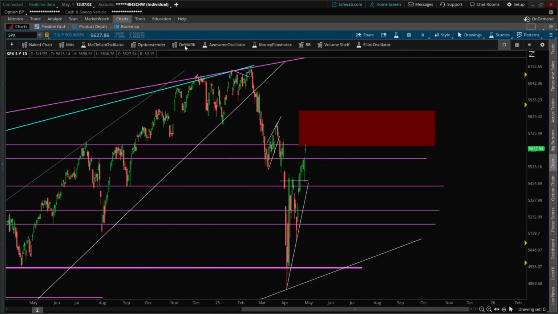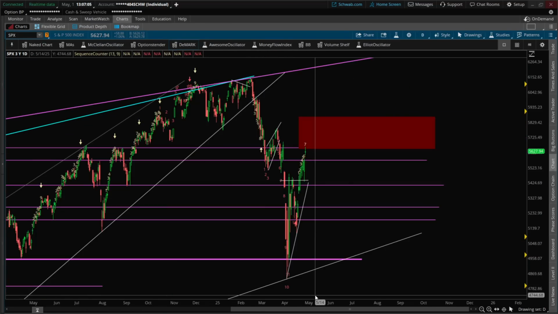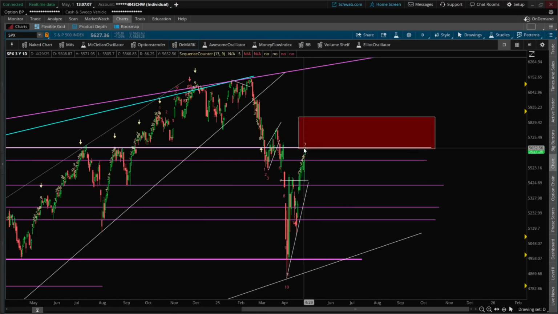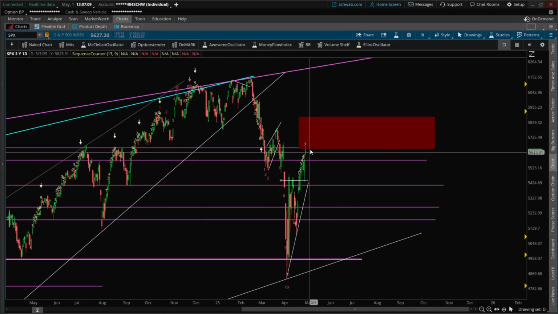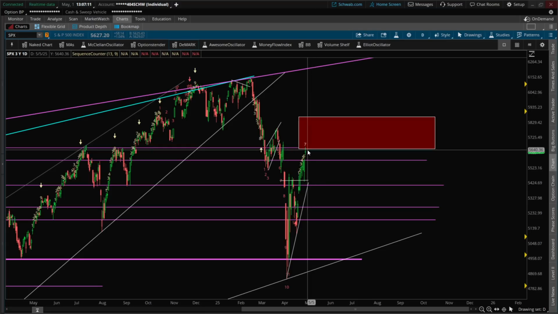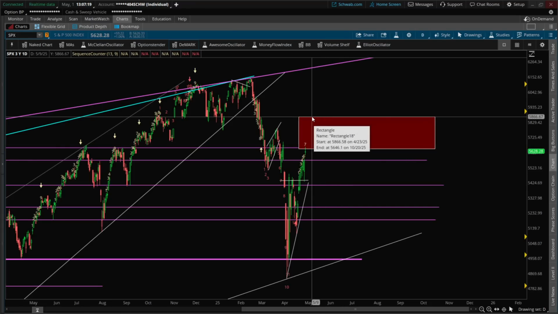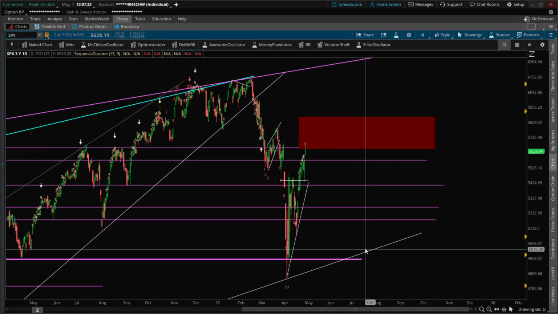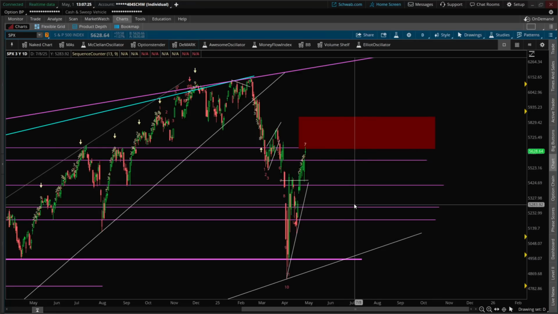All right, DeMark. We're all the way up to a 7. So do we have two more days of higher or consolidation? Very possible. This is our big zone here that we can get all the way up to 5866 and still be capable of going lower at this time.